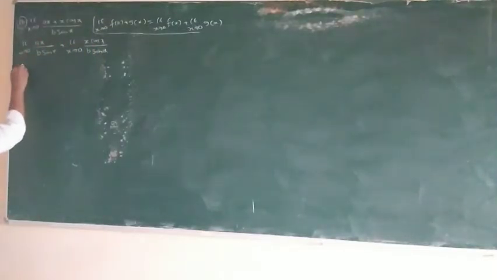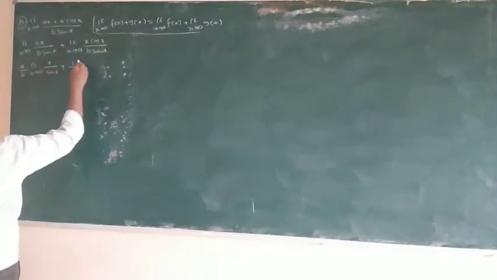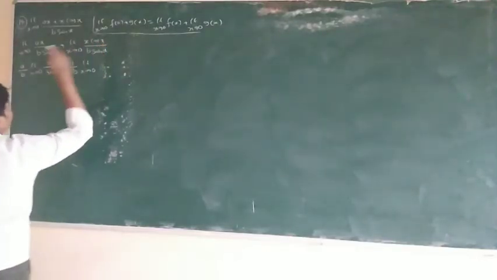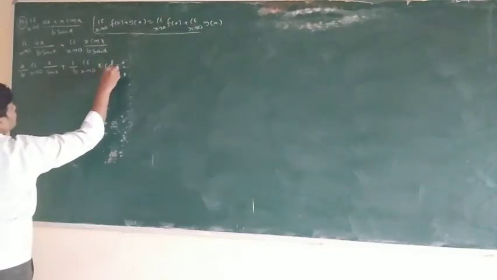So a by b constant, limit x tends to 0, x by sin x, plus 1 by b constant, limit x tends to 0, cos x by sin x. Cos x by sin x is equal to cot x.